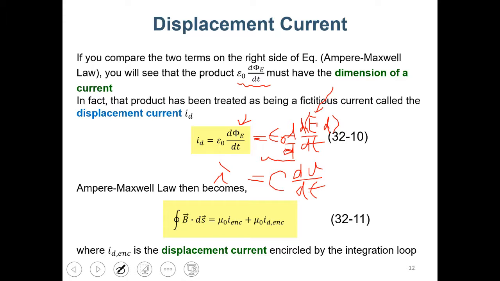When I learned that, the professor said, oh, it is a displacement current. It is not a real current, but what is not real is fake or whatever. But actually, you can understand it like this.